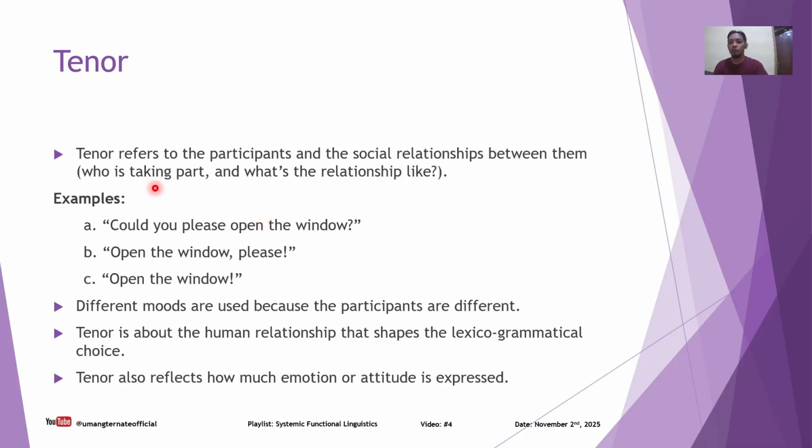We need to answer questions like who is taking part and what is the relationship like to find the tenor. Is the relationship equal, like between students, or unequal, like between student and teacher? Let's see the example. Example A.